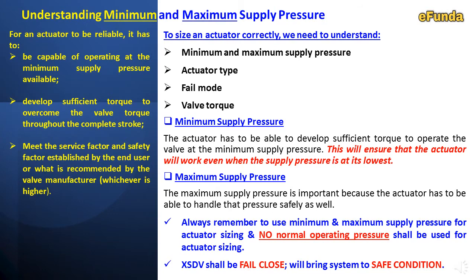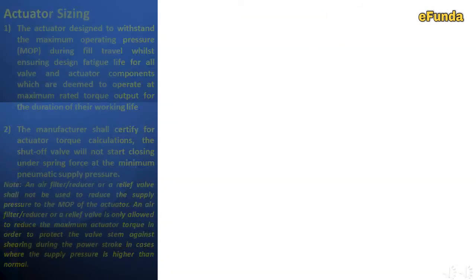Always remember to use minimum and maximum supply pressure for actuator sizing. No normal operating pressure shall be used for actuator sizing. Excess DV shall be fail close type and will bring the system to a safe condition. These are the common understandings one should have while designing the valve actuator.